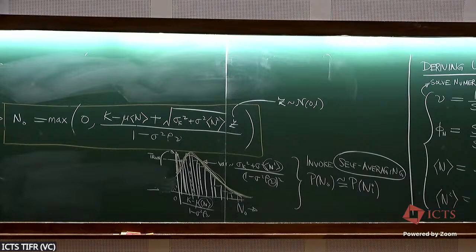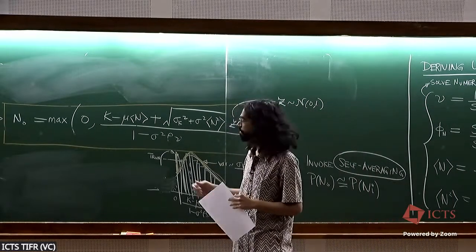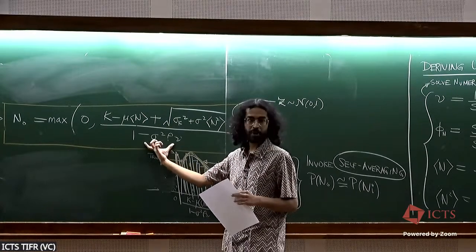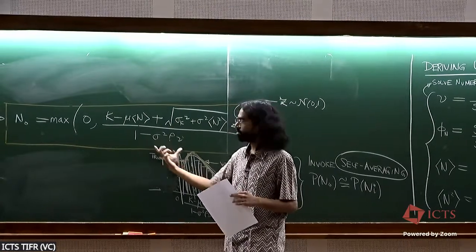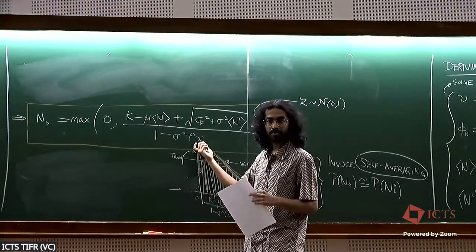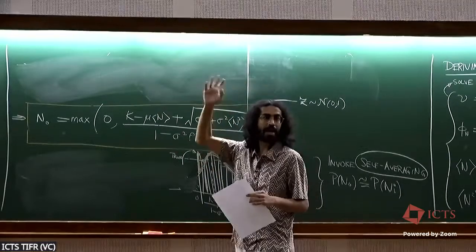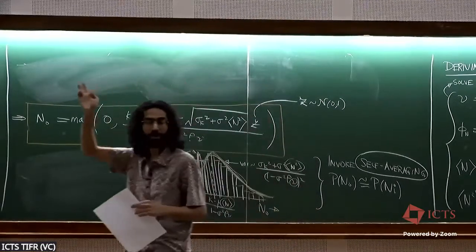Can this blow up? When can this blow up? When this denominator goes to 0. There could be some particular value of nu at which n0 blows up. If that happens, the system would not be feasible.